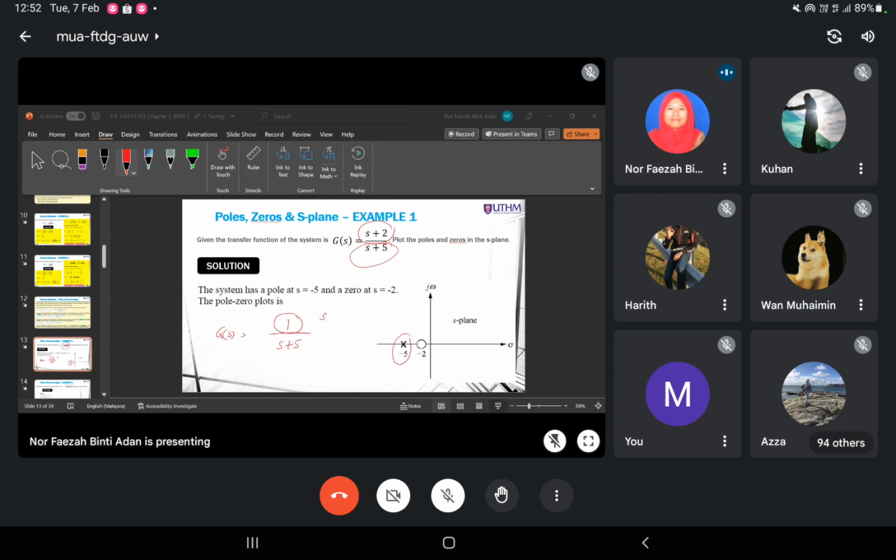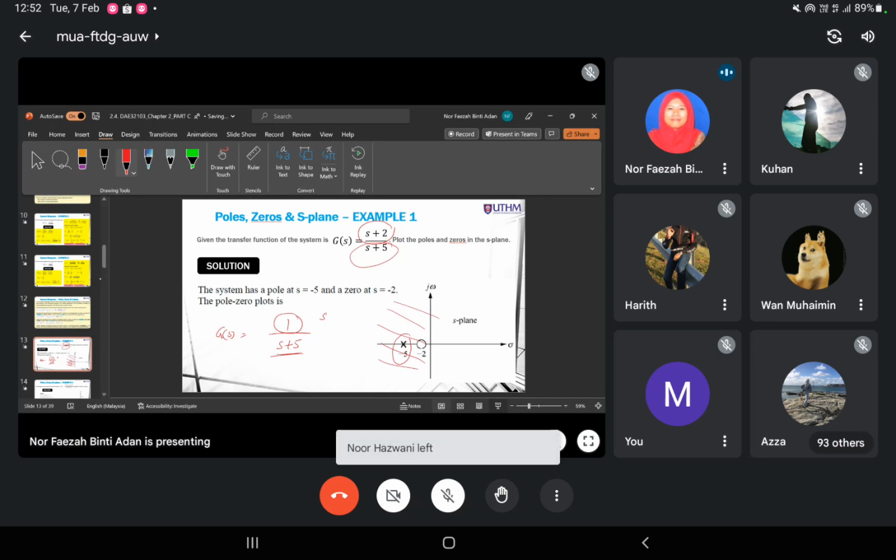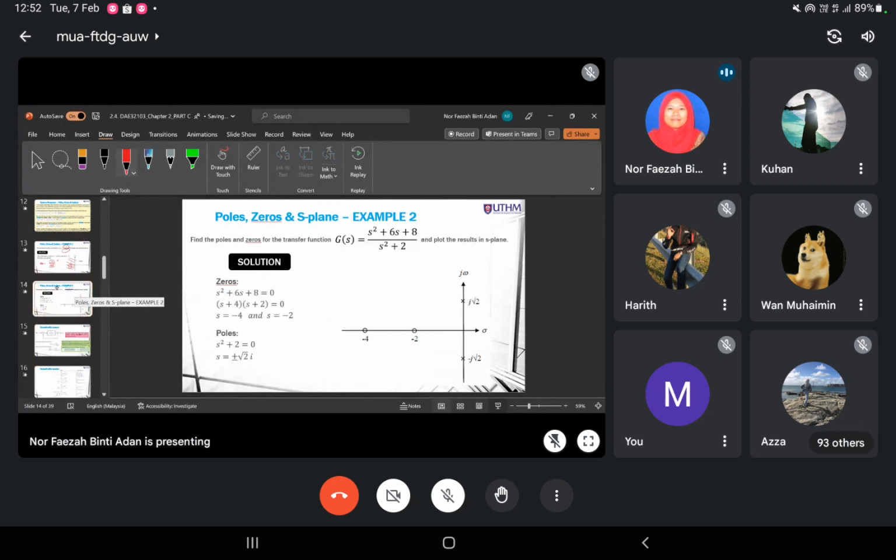Kalau ada terms S, baru ada zeros. Baru ada poles. Okay. So untuk this case, when you have poles located on the left hand side, kat bahagian sebelah kiri ni, your system will be stable. So kalau katakanlah poles ni berada di sebelah kanan ataupun berada di imaginary axis, macam this case you punya poles adalah on the imaginary axis.